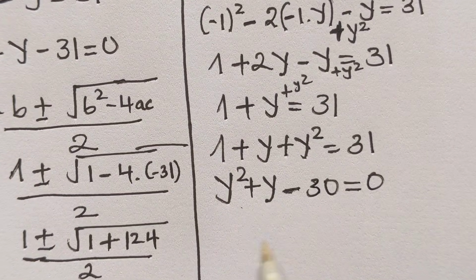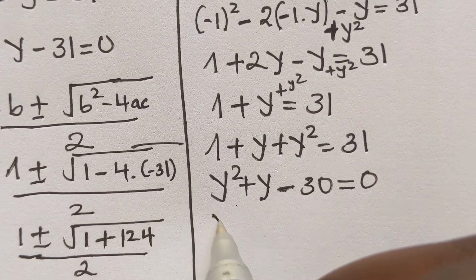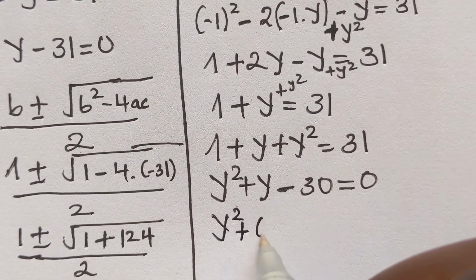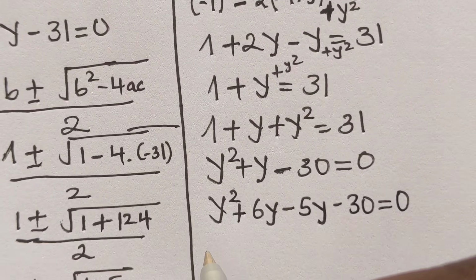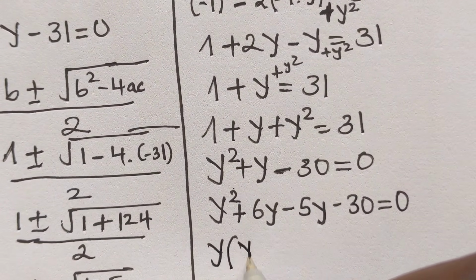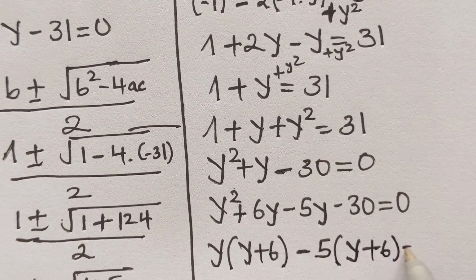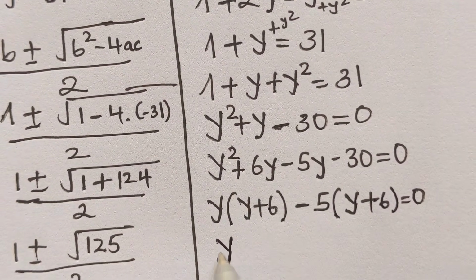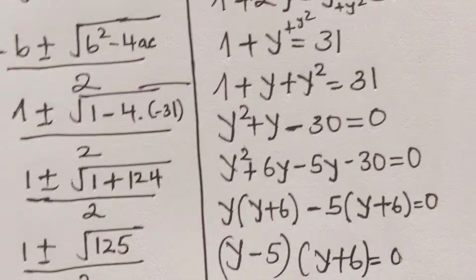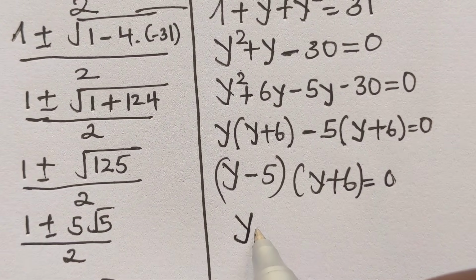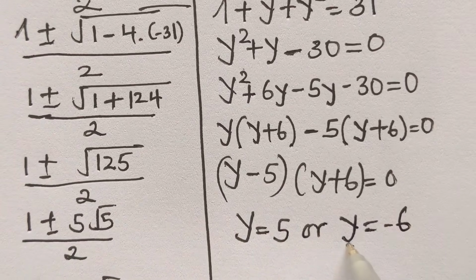Here we can find two numbers that multiply to get negative 30 and whose sum is 1. So we have y squared plus 6y minus 5y minus 30 equals 0. Then y(y plus 6) minus 5(y plus 6) equals 0, and of course (y minus 5)(y plus 6) equals 0. Then y will be 5, or y will be negative 6.